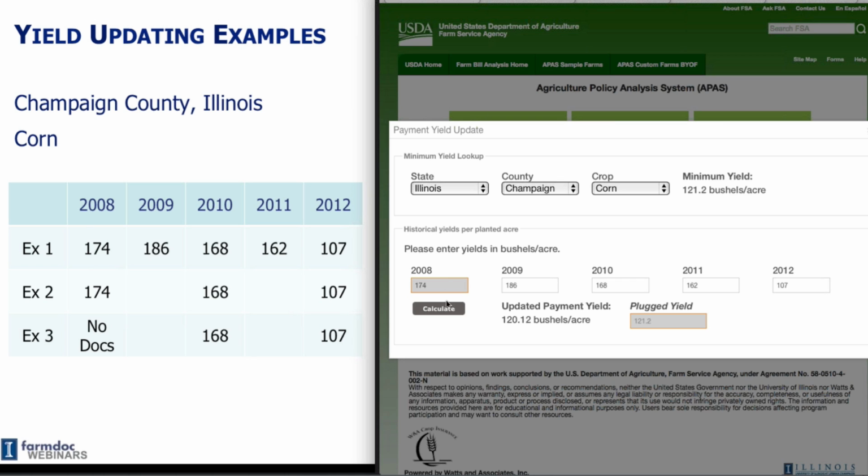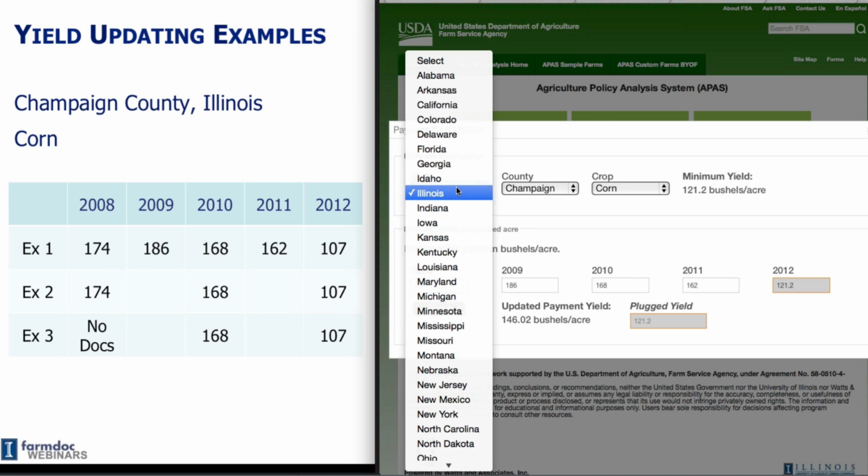He's got a Champaign County example here with some corn yields. First example, maybe it's a continuous corn situation. So on that FSA farm, they'd planted corn every year from 2008 to 2012, had a corn yield that they could use every year in that yield update decision. And Gary's gone in and selected Illinois, Champaign County, corn in our payment yield update quick calculator.